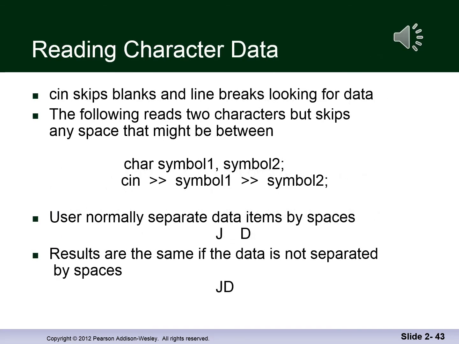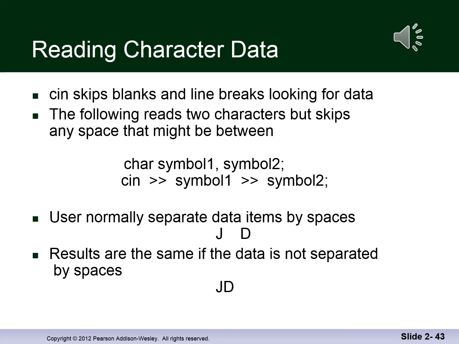Cin skips blanks and line breaks when looking for data. The following code is used to read 2 characters, but skips any space that might be between them. So first we declare 2 chars, symbol1 and symbol2. And then you use cin to extract symbol1 from the keyboard and symbol2. So the user typically separates data items with spaces.